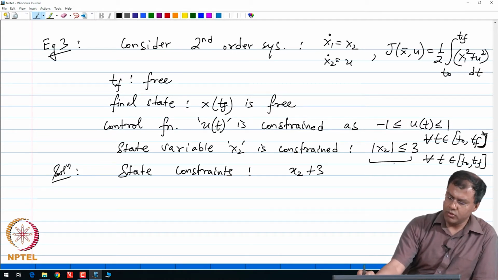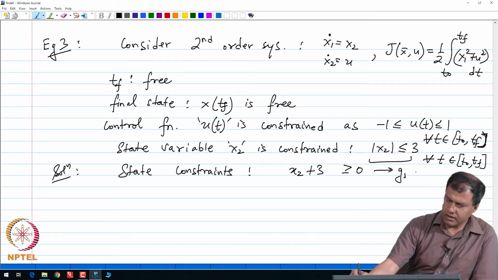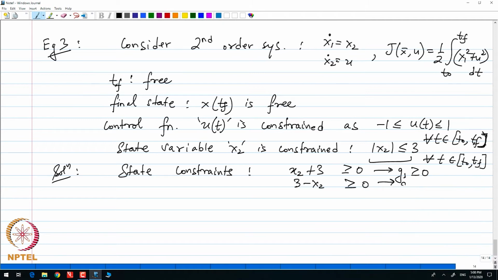So, x 2 plus 3 must be greater than equal to 0. So, let me call this constraint G 1 greater than equal to 0, and my constraint 3 minus x 2 is greater than equal to 0. So, call it G 2 which is greater than equal to 0, right. So, my state constraints are as follows, and then I set up my Hamiltonian.